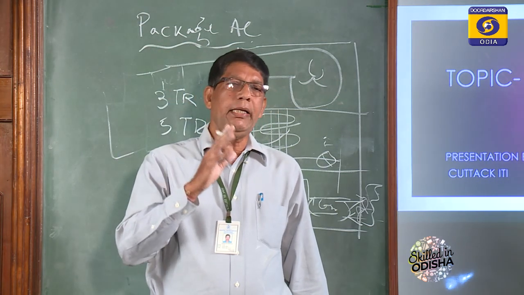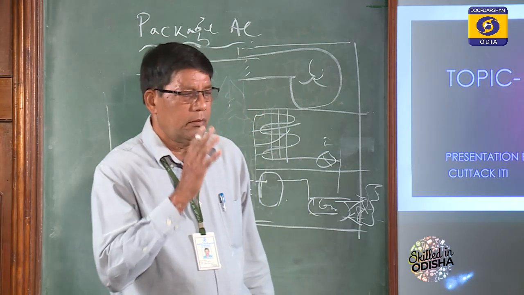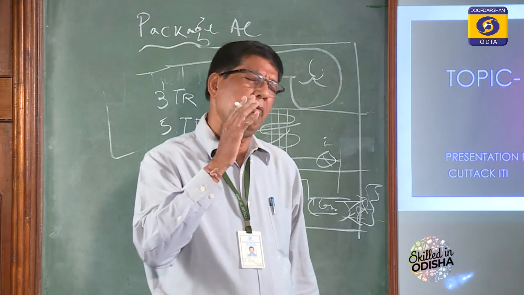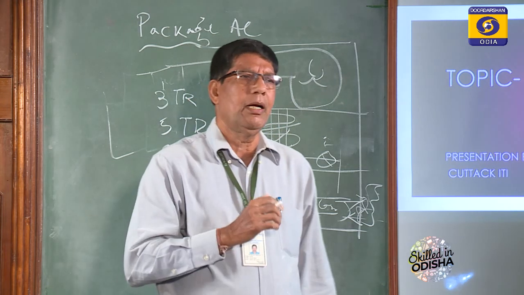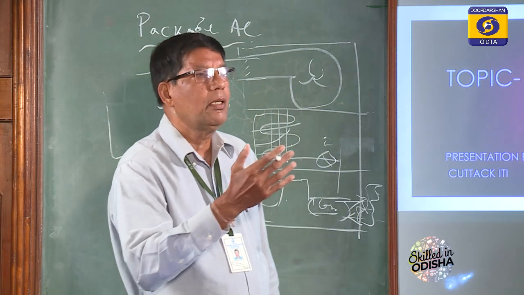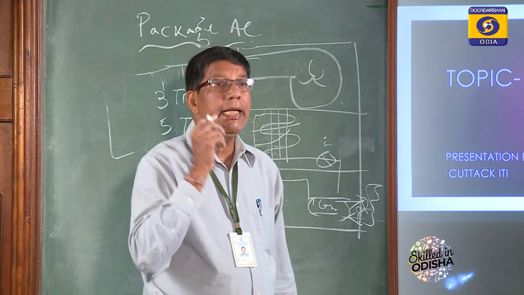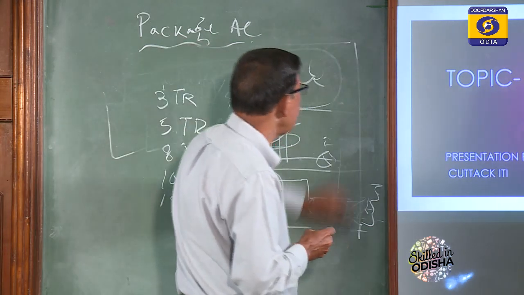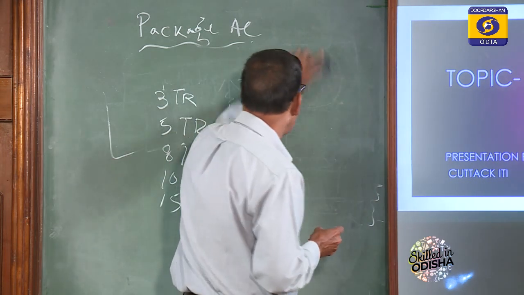It is the main thing, to identify the troubles. It is the main topic. Suppose AC is running but there is improper cooling or less cooling. What are the causes?